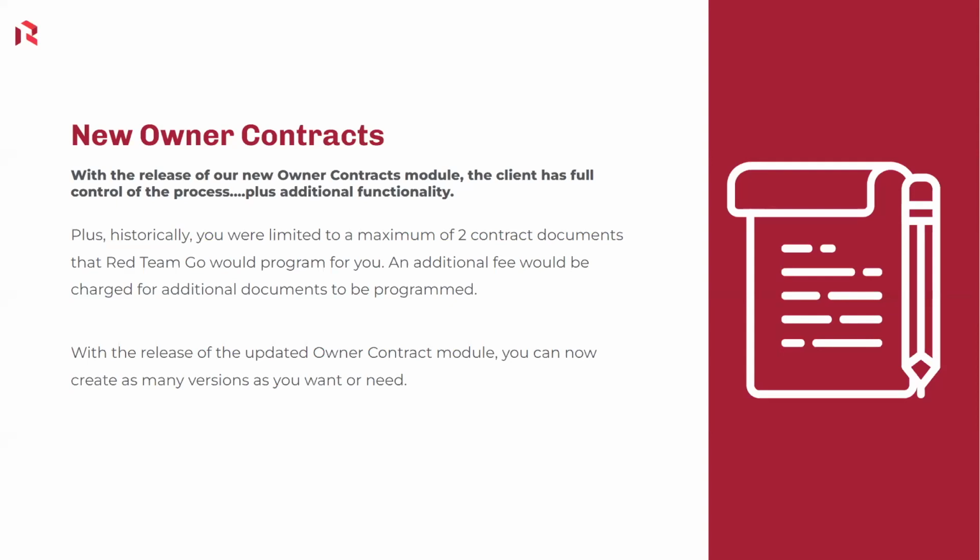But now the sky is the limit. You can create as many custom owner contracts as you want. Like I said, we would do up to 2 for you previously. Anything beyond that, there would be a cost associated with that. Now, you can put 100 of them in there if you want. You can create as many contract documents as you want that would be available in your system.